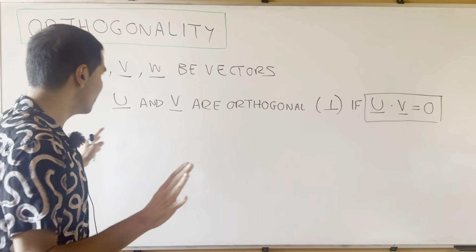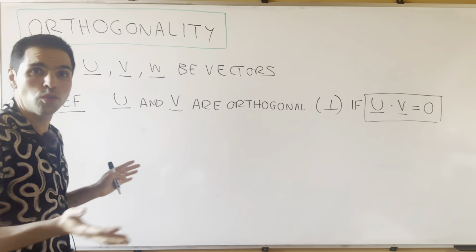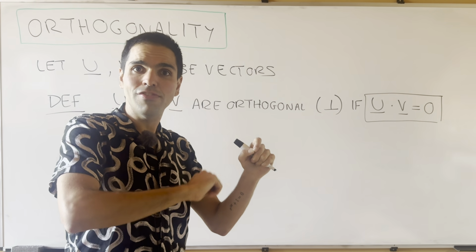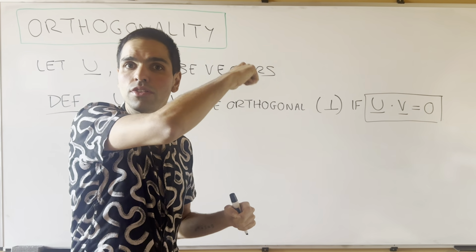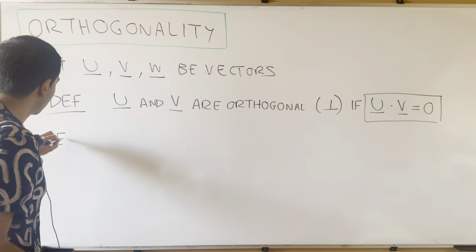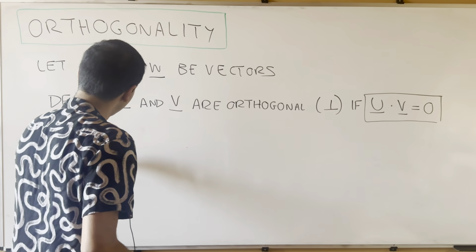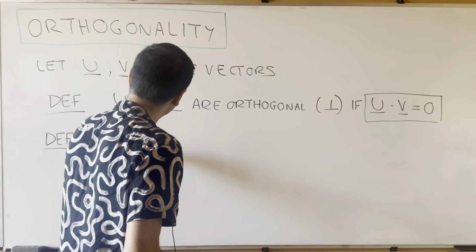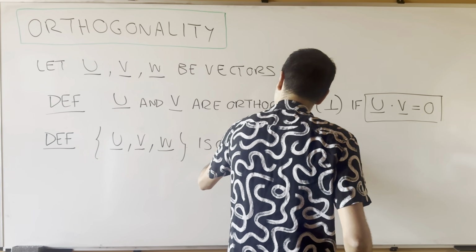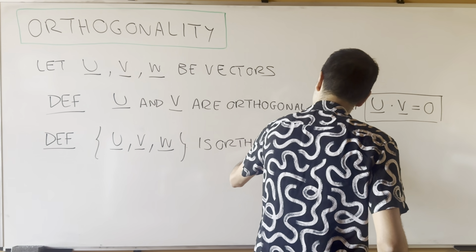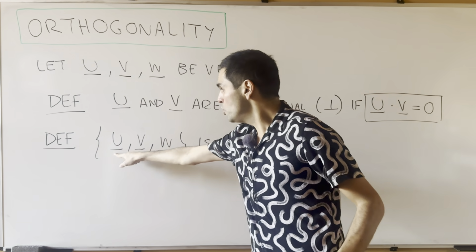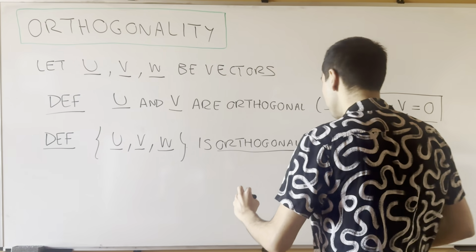Now, in particular, what does it mean for a whole set to be orthogonal? It means that each vector is orthogonal to everything else. So in other words, for 3 vectors, u, v, w is orthogonal in this case if u is orthogonal to v.